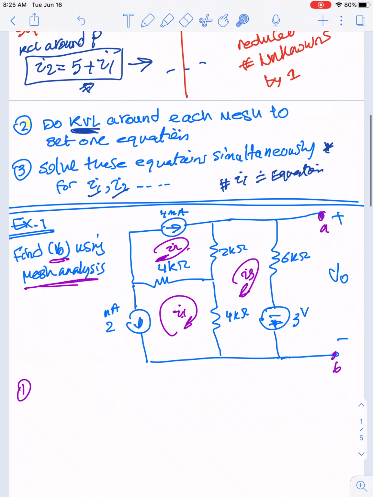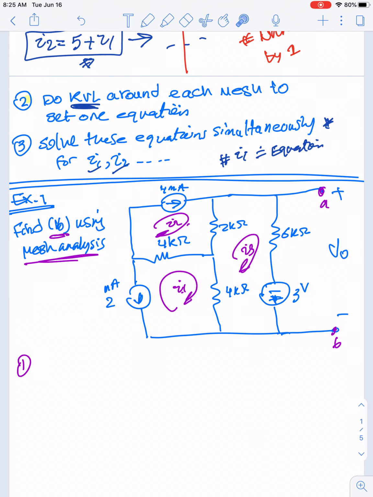So what should I do? I will reduce the number of unknowns by saying that the current here is equal to the current there. How can I do it correctly without messing up? Let's do KCL around P.